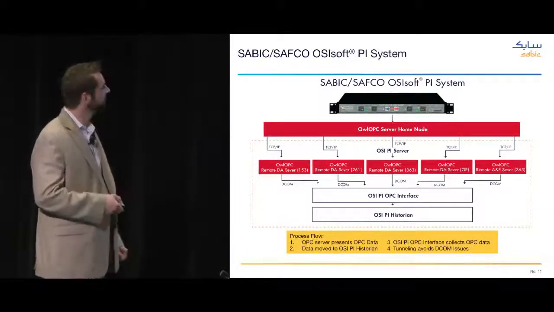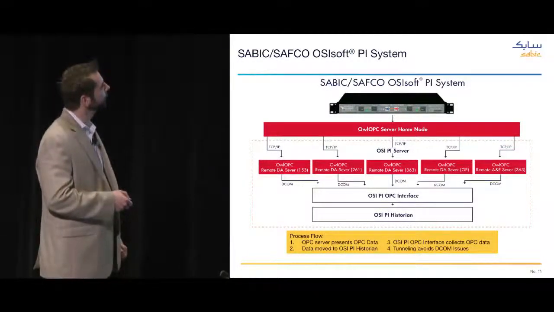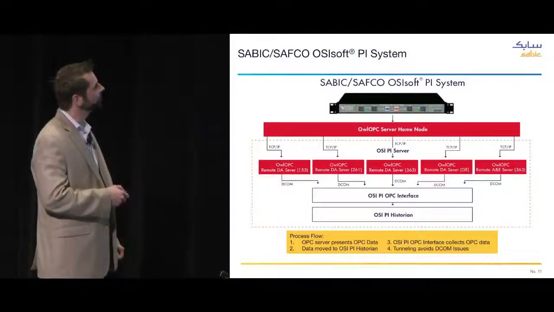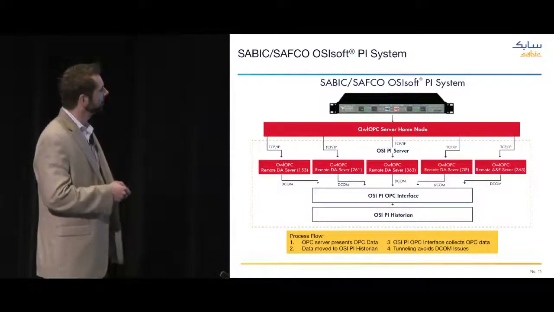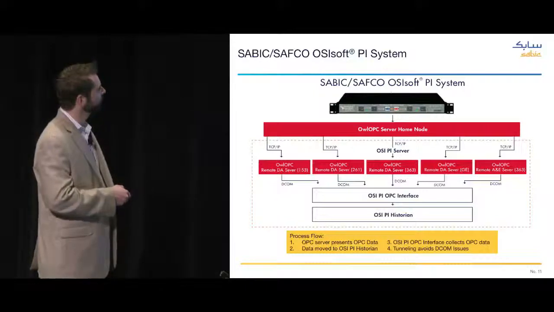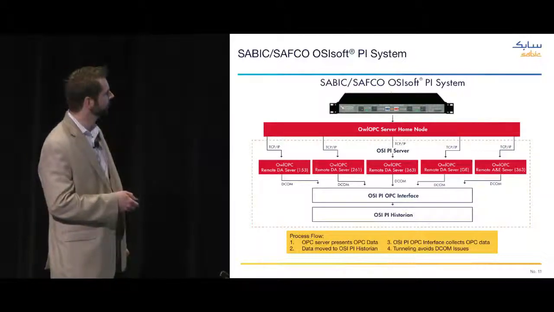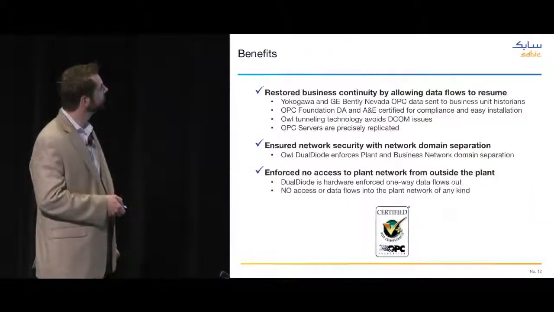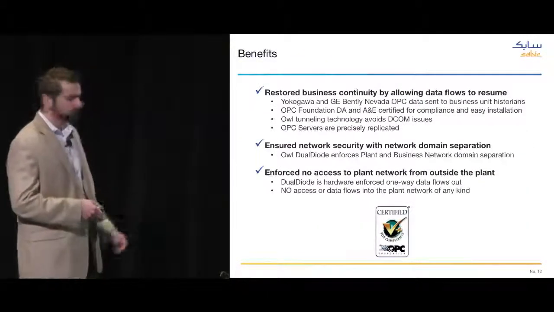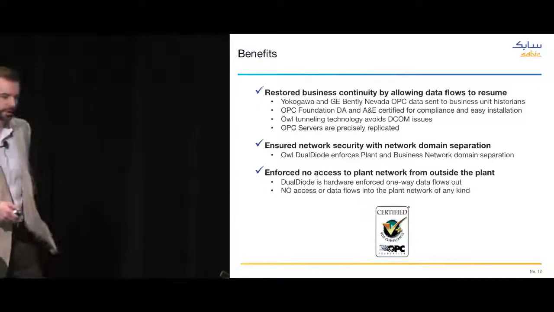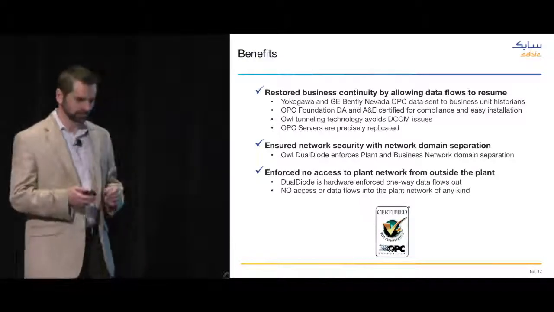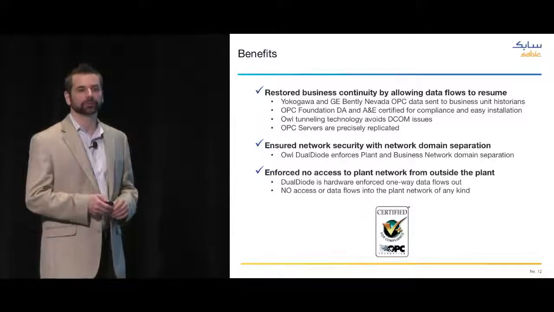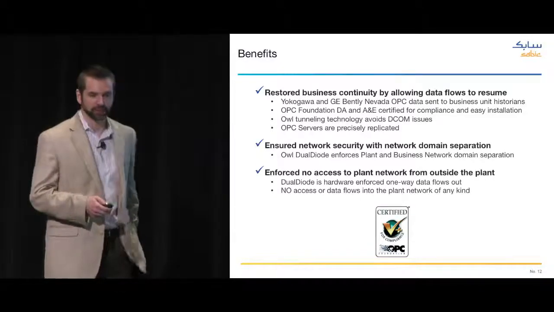And there's a little more detail about our OPC server and how it distributes with the connectors here that convert back into DCOM after the tunneling operation and then back down into the historians. So essentially what we were able to do was enforce no access into the plant network from outside the plant network.